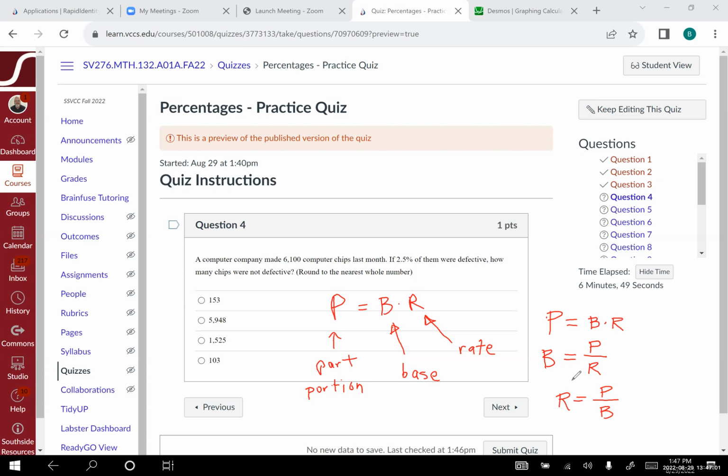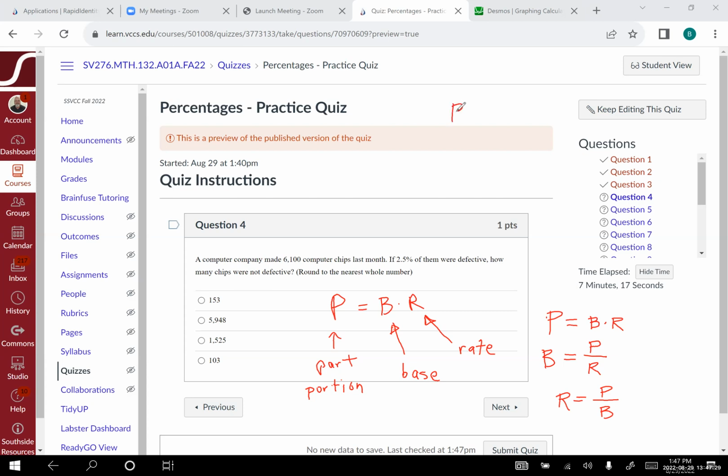I don't have anything else on my screen. That must be locally on your screen. I can't control that. Oh, that's okay. I was just making sure that's what it's saying. It says P equals B times R, then B equals P over R and R equals P over B. I'll try to write higher up on the screen. Okay, I got it now. Thank you.